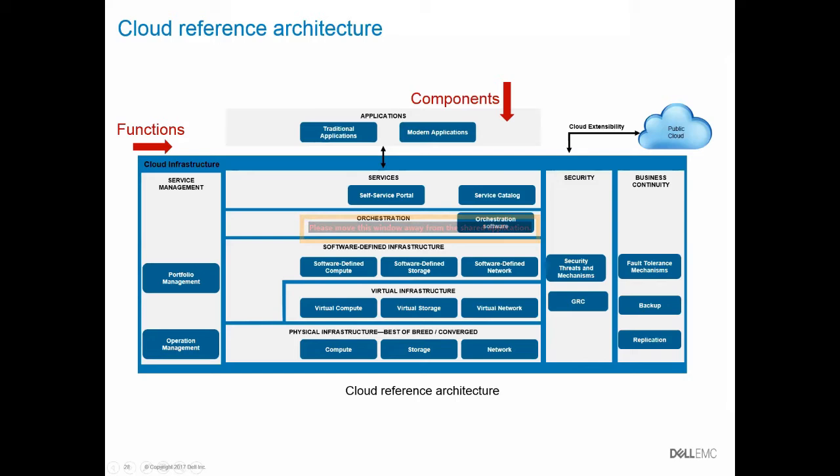The third one: why is the company going for the cloud? Because it wants business. It wants to digitalize its business and services. So it definitely needs the business continuity aspect. Business continuity involves three important things, starting with fault tolerance.